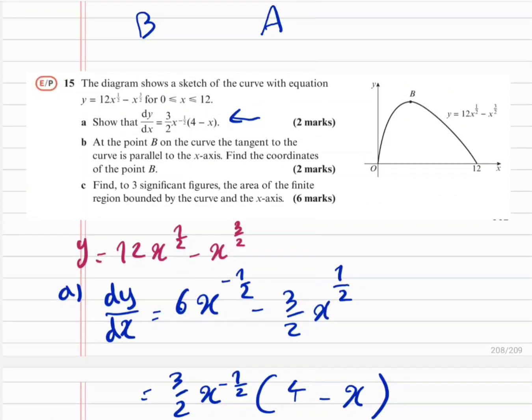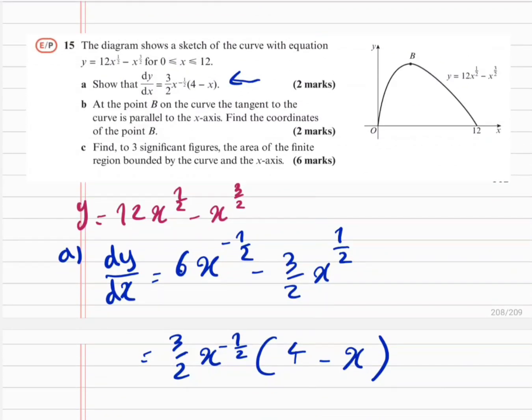Right, part B is an interesting one. It says that at the point B on the curve, the tangent to the curve is parallel to the x-axis. So we have something like this, which is a tangent at B, and that's parallel to the x-axis.